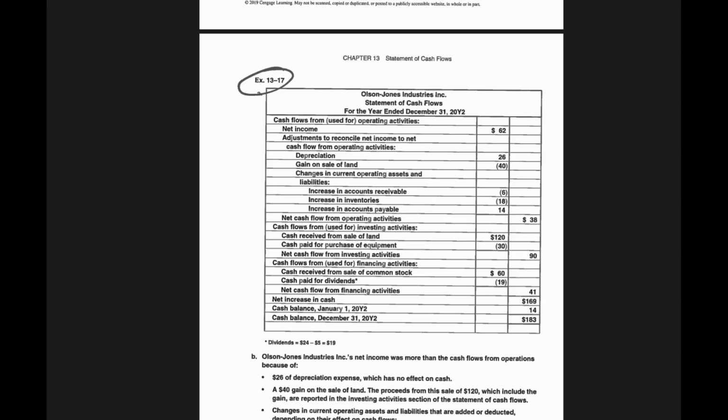So they're telling you that the land was sold, equipment was acquired with cash, there were no disposals. So if there's no disposals, we don't have to worry about calculating net book value and then is there a gain or a loss. Common stock was issued for cash. $62 credit to retained earnings for net income, and then there was a debit for dividends.